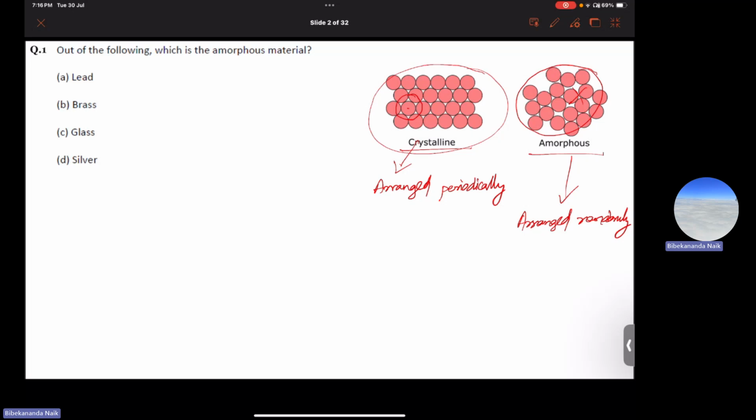Also, there are different properties that will be affected by the arrangement of the atoms. So the question says, out of the following, which is the amorphous material? Option A is lead, option B is brass, option C is glass, and option D is silver. I'll give you a few minutes to think about it and then I will discuss.